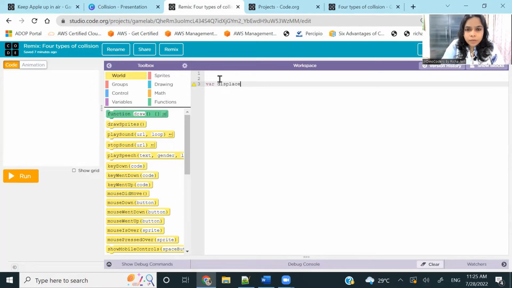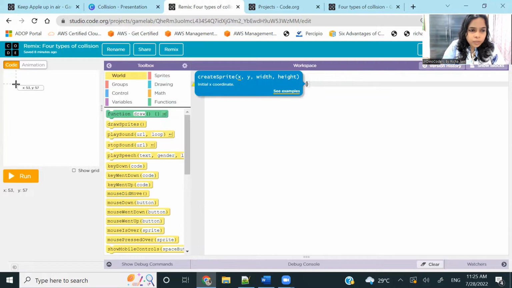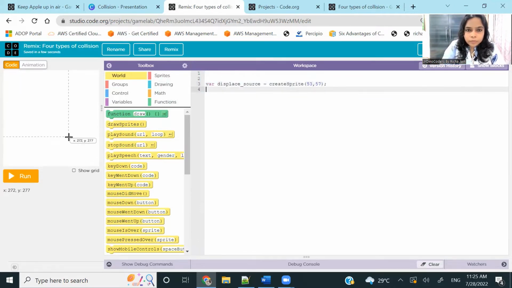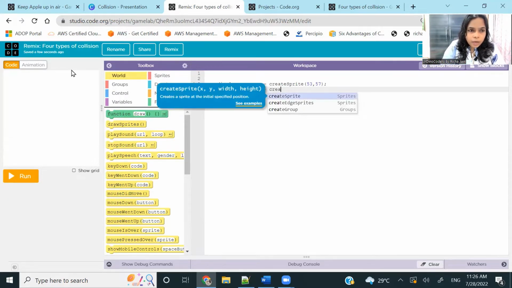I'm giving it the name displace source. Let me position it somewhere at 53, 57. Another is going to be displace target. I am creating this sprite at maybe 350, 63, 57.